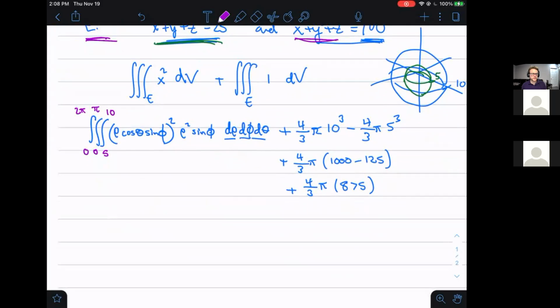At this point, notice that all of these bounds are constants. 5 and 10 are constants. 0 and pi are constants. 0 and 2 pi are also constants. So everything's constant. If I take one line here to rewrite this, we have 0 to 2 pi, 0 to pi, 5 to 10.